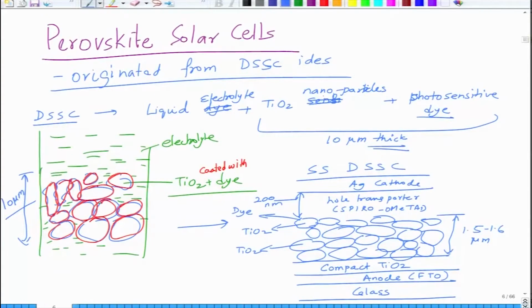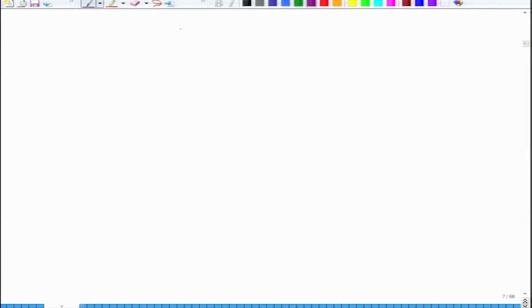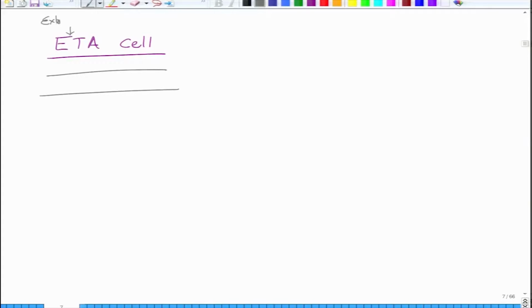This design gave rise to what we now know as the ETA cell. ETA cell is an extremely thin absorber layer.